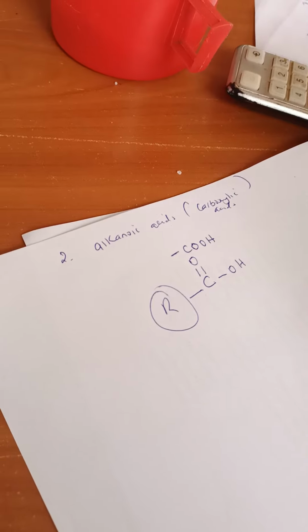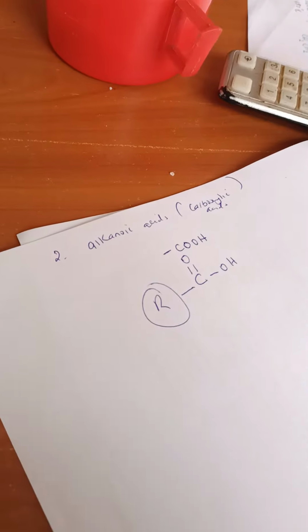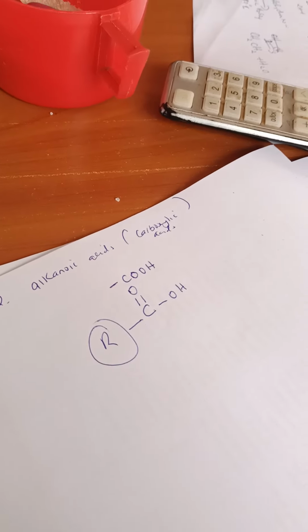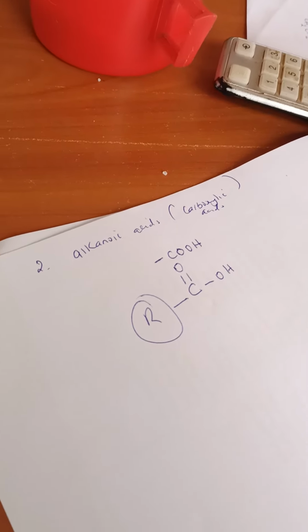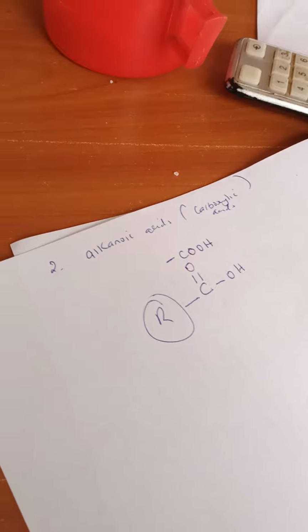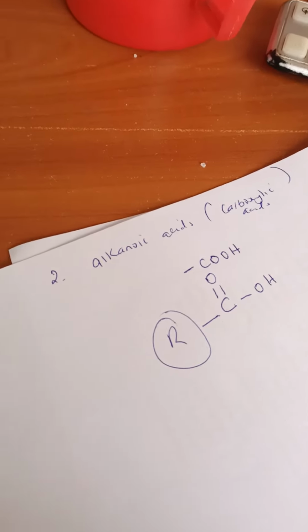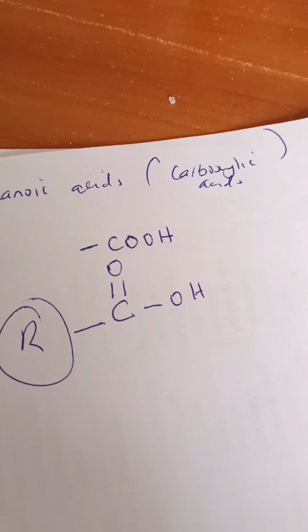The alkyl group means the number of carbons. It depends on how many carbons it has. That is the structural formula of the carboxyl group that forms carboxylic acid, COOH. That is the carboxylic group.